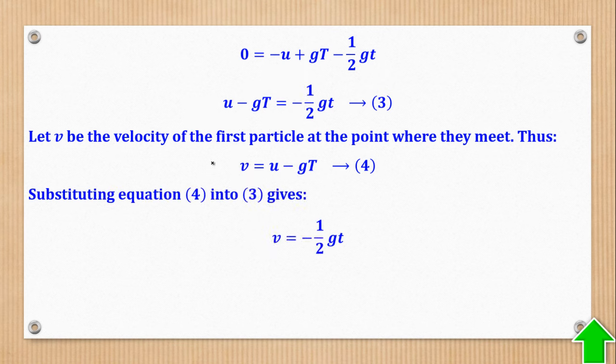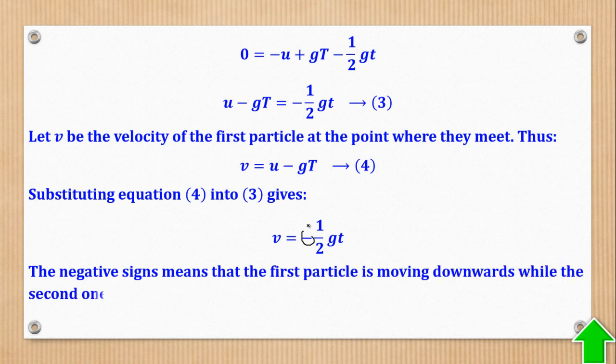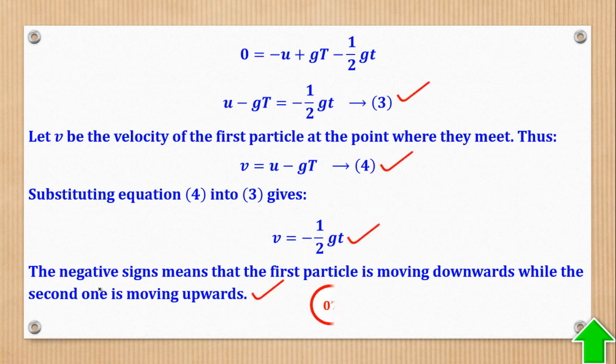And I think we have proved it, because they wanted the velocity at the point of meeting. Why is it negative? It is because the first particle at that point of meeting is moving downward. That's why there's a negative sign, meaning that the second particle will now be moving upward. And that's what they wanted. So basically, that's how you could prove and get the 7 marks out of this question.